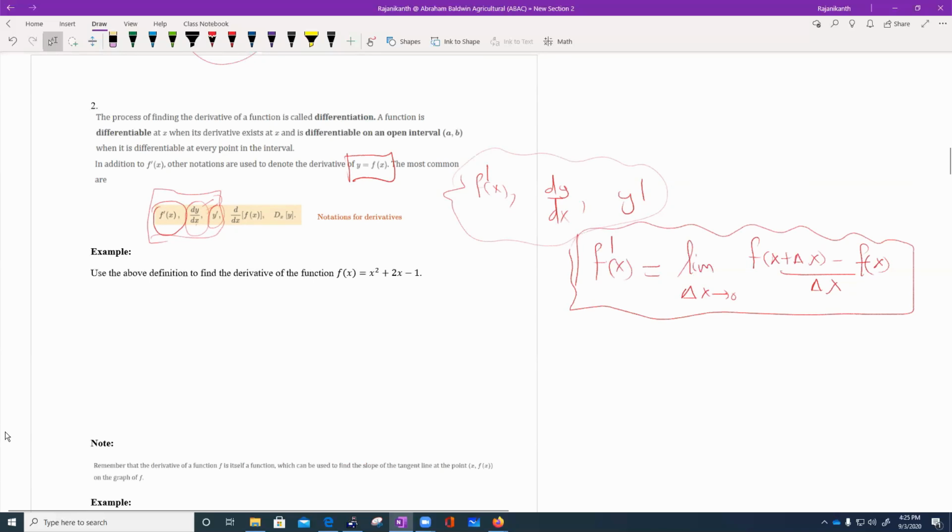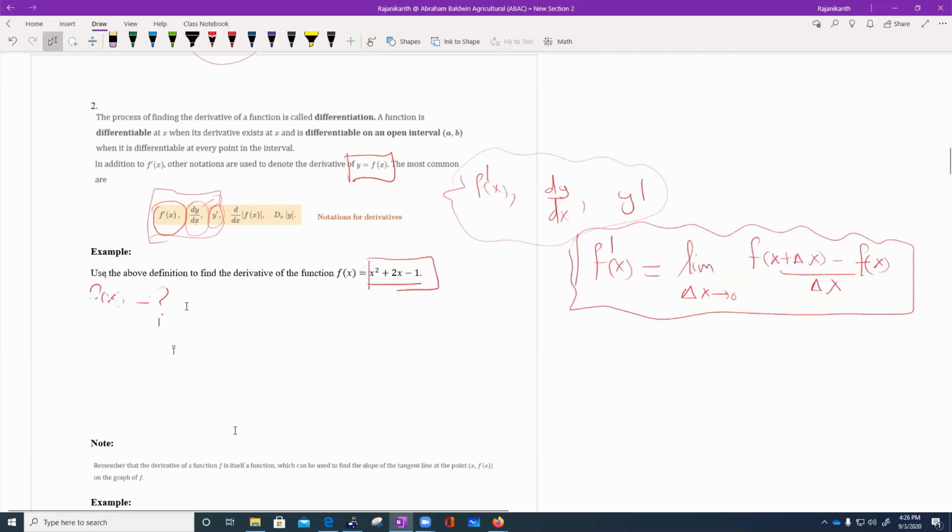In this example, the given function is x squared plus 2x plus 1. Use the above definition to find the derivative of the given function f of x. They mean to find f prime x. This is the one they are asking you to calculate.